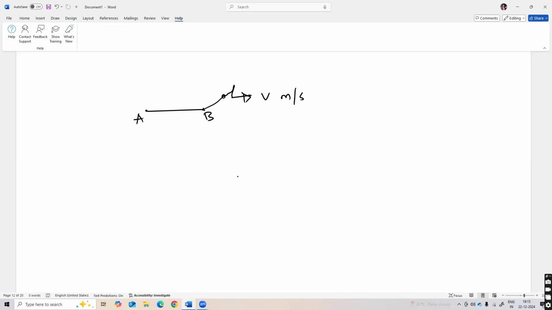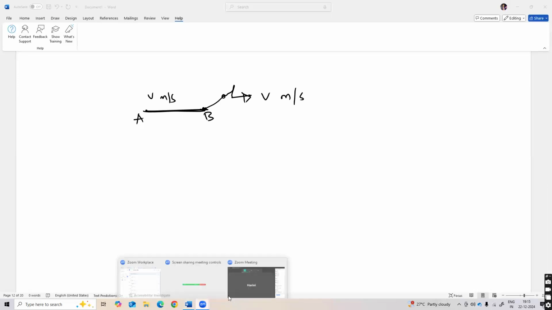If he moves like this, then of course all the points on this rope will move with the same velocity, right? All points on this rope will move with v meter per second only. Correct? You understand why all points on this rope will move with the same velocity?